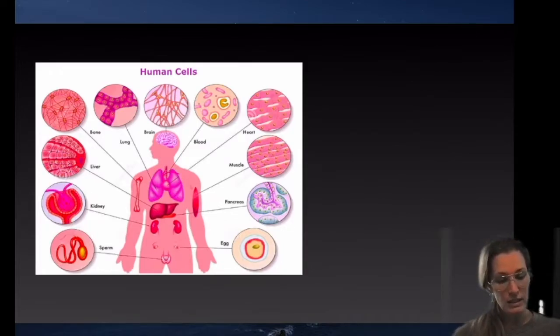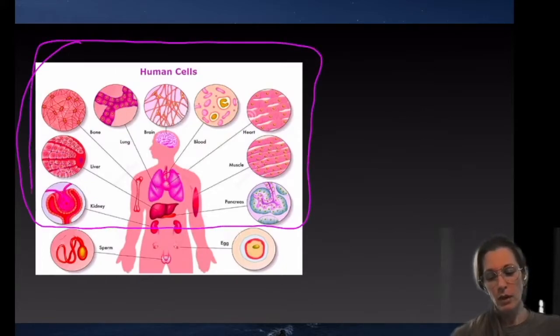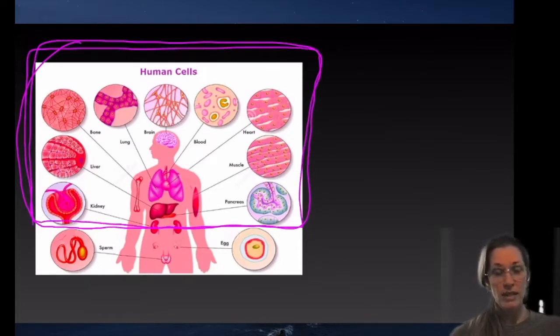from previous courses, there are different types of cells. I'm using a human again, but this is true in sexually reproducing species in general. So I'm outlining here one type of cell: somatic cells.